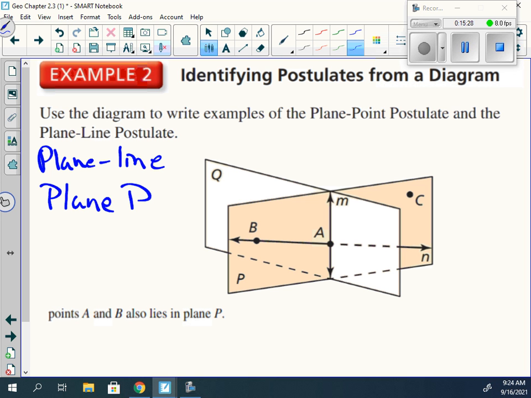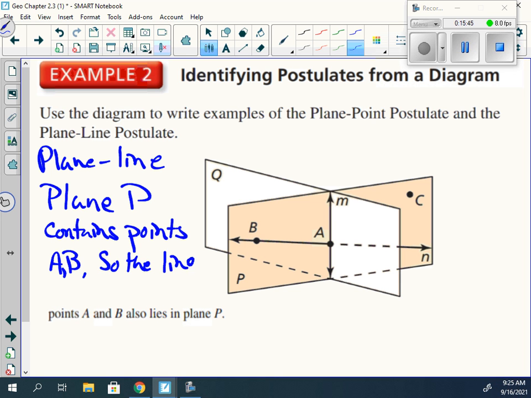But plane P contains points A and B. So the line AB is contained in the plane. I ran out of room.